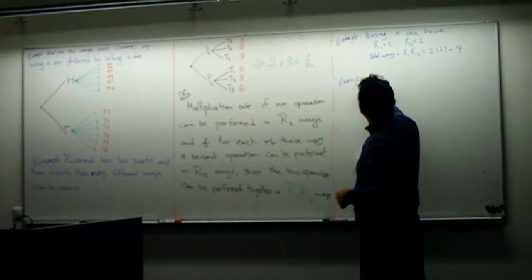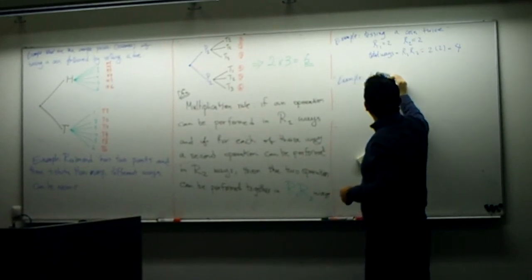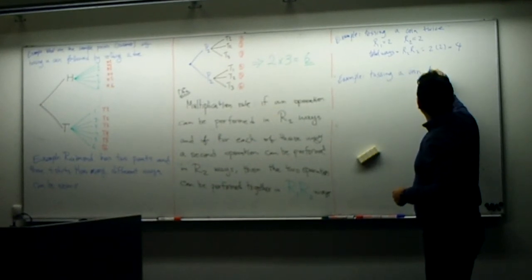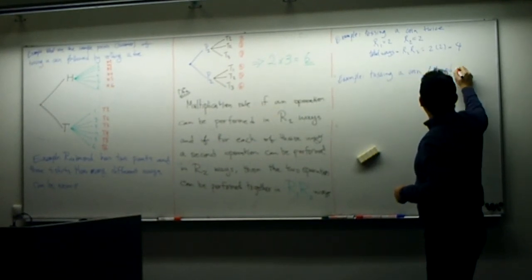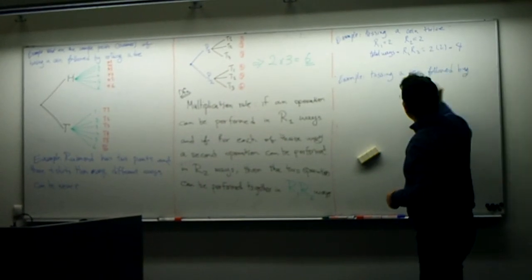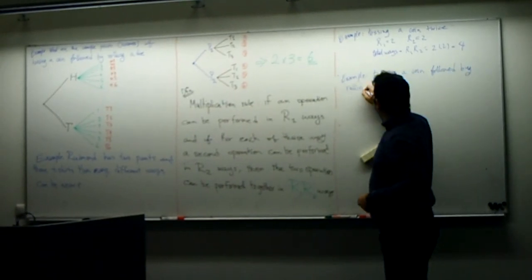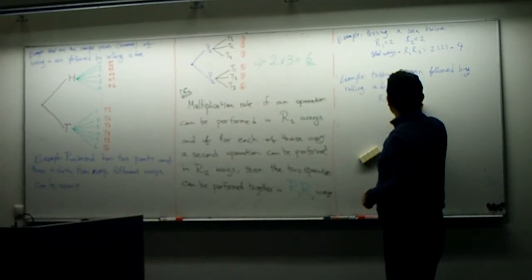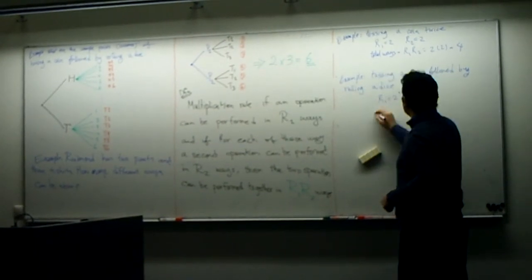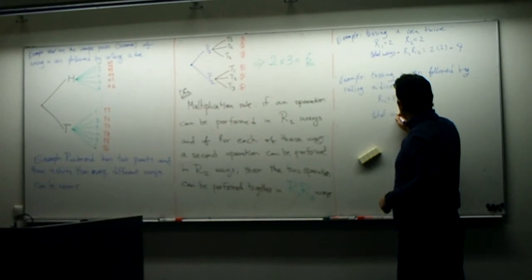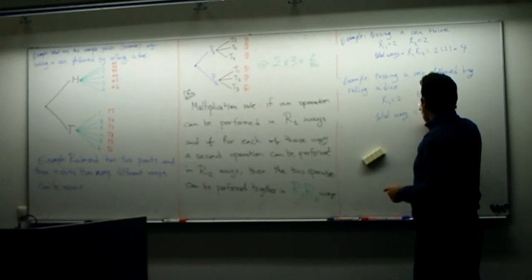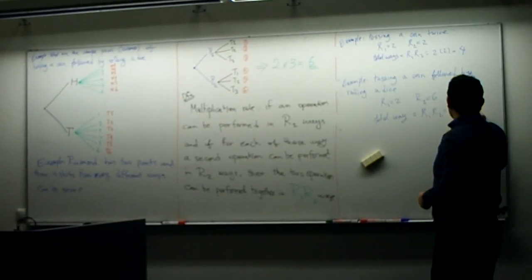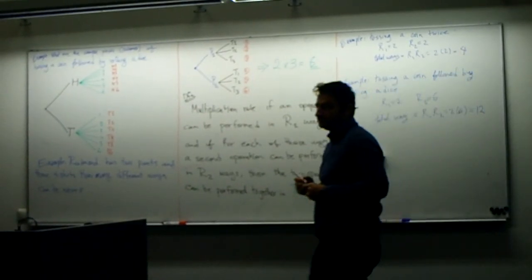Example, tossing a coin followed by rolling a dice. R1 is 2, R2 is 6, and the total number of outcomes is R1 times R2, which is 2 multiplied by 6, which is 12.